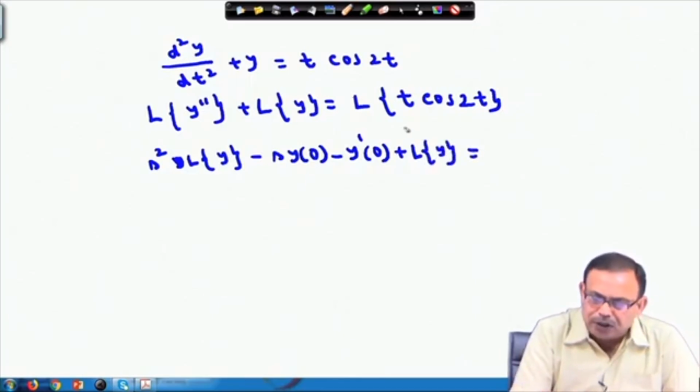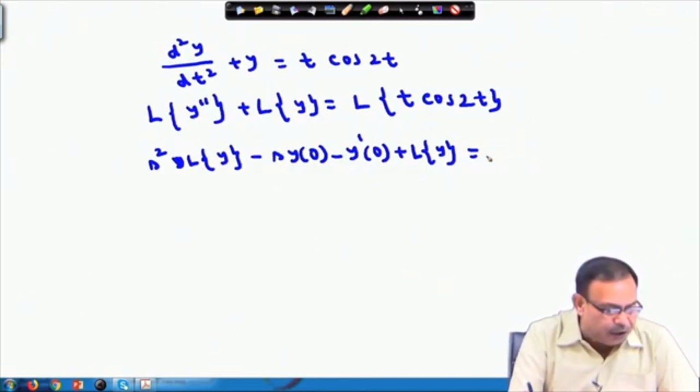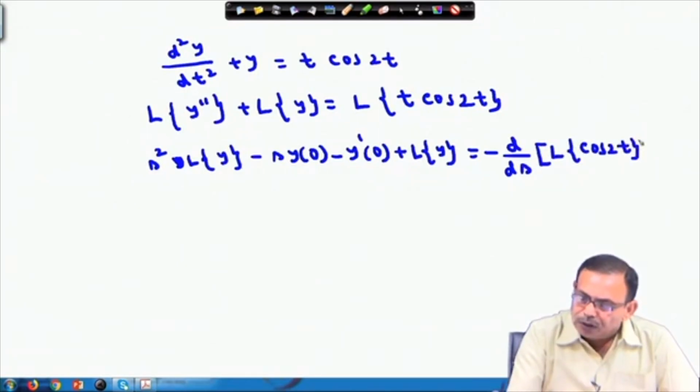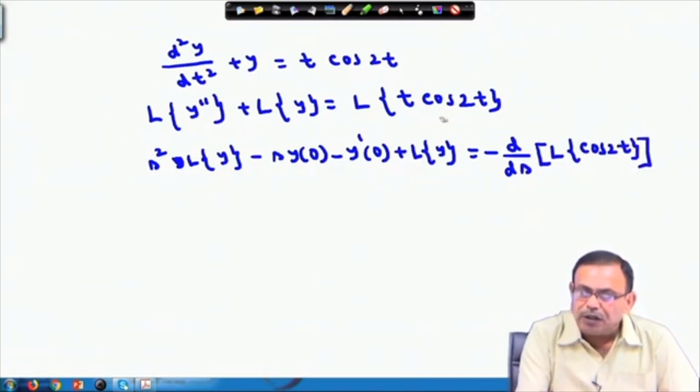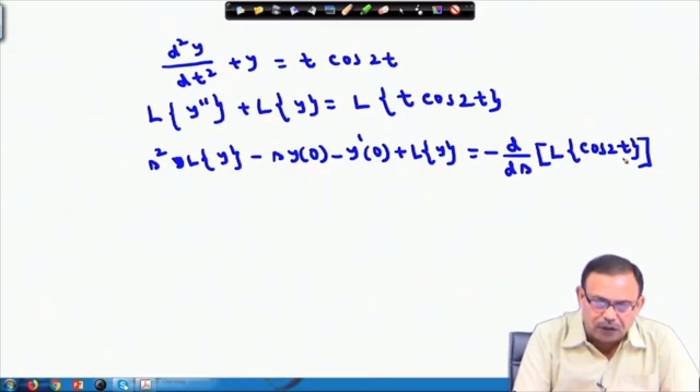Now, this Laplace transform of t cos 2t, again using the property, I can say this is nothing but minus d ds of Laplace transform of cos 2t. I can write it using the property minus, since t cos 2t is there. So, minus d ds into Laplace transform of cos 2t, this we can write down.